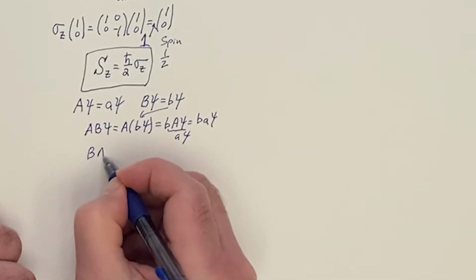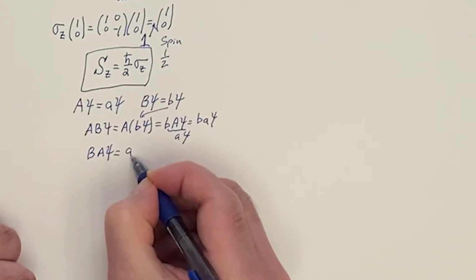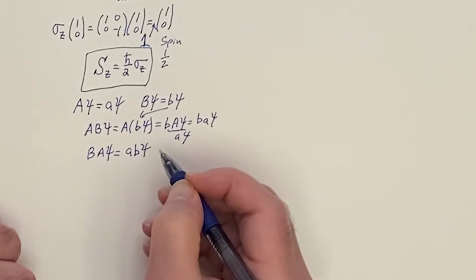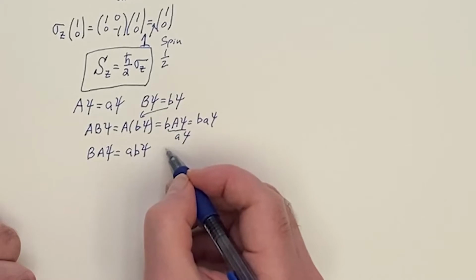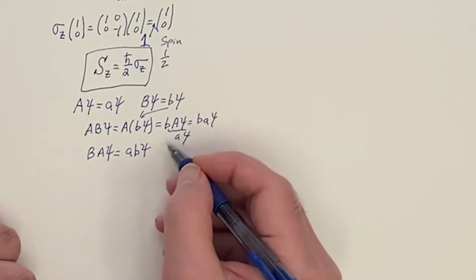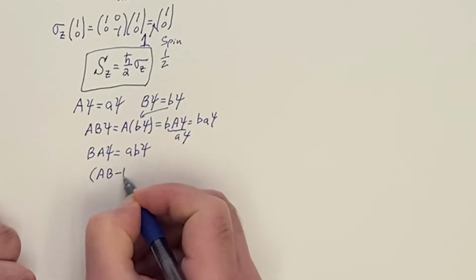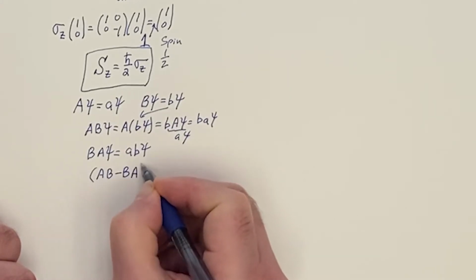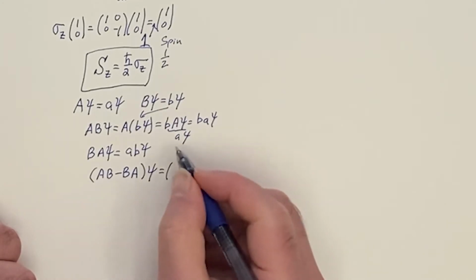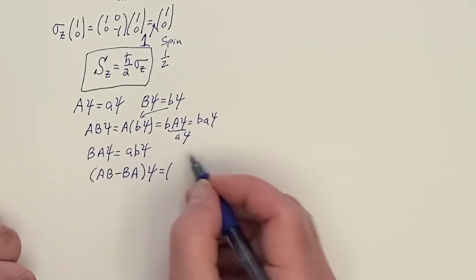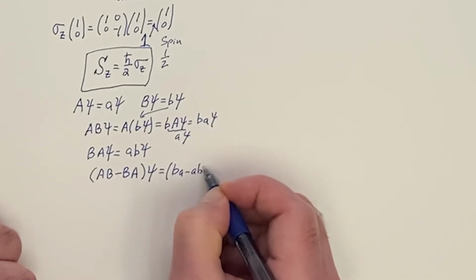And if you flip them, you would simply get the same thing. This would be flipped. And since the eigenvalues are just numbers, A times B is B times A, so you could say AB minus BA working on here is going to give you BA minus AB.